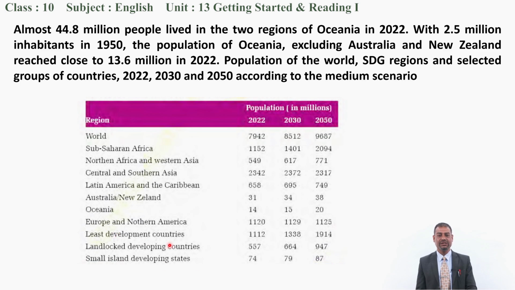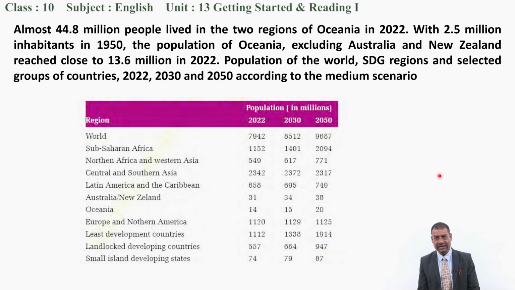Again, least developed countries now. Here you can find in 2022, 2030, then 2050. And landlocked developing countries like Nepal, in 2022, 2030, 2050. Small island developing states, again, you can find in 2022, 2030 and 2050.